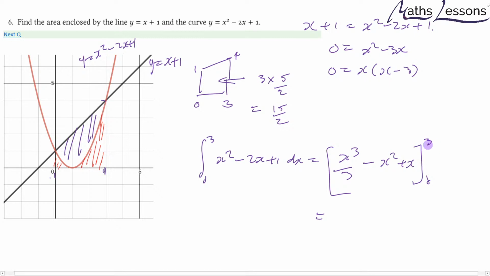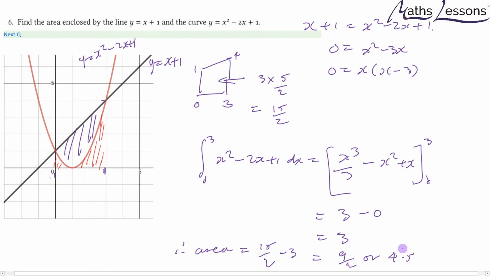We put the 3 in, so we get 27 divided by 3 is 9, minus 9 plus 3 gives me 3. Put 0 in, I take away 0, I get 3. So that will give me 3 for that area. So therefore, the area required is equal to 15 over 2 minus 3. And that comes out as 9 over 2, or 4.5.